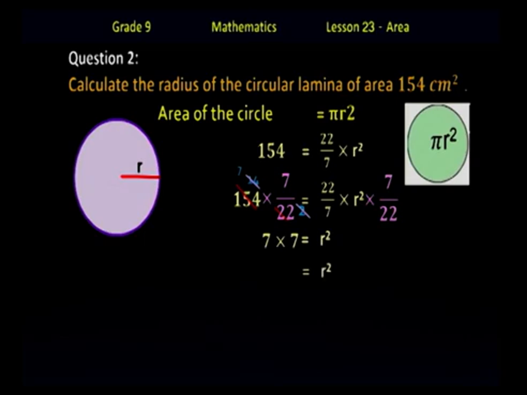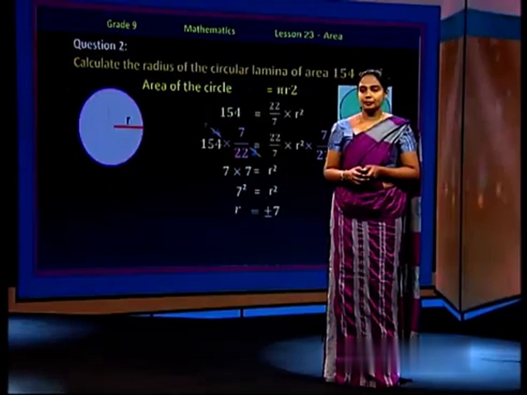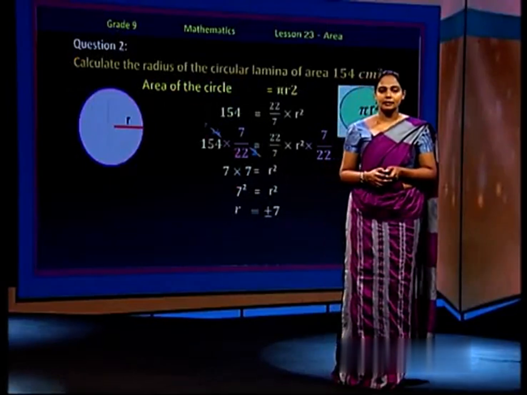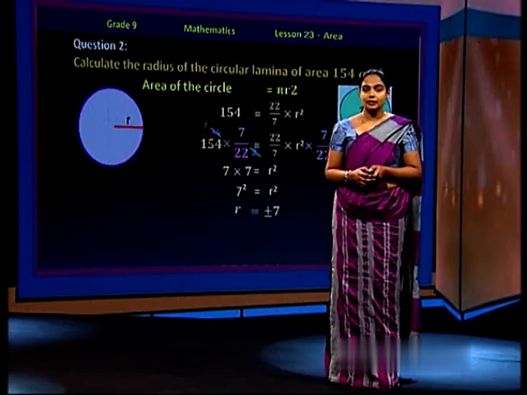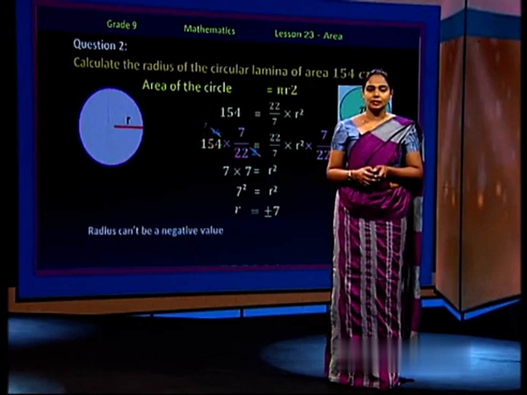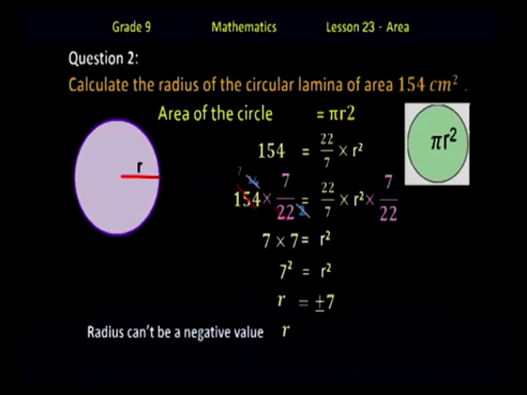To find r, take the square root of both sides. If r squared is equal to 7 squared, r is equal to positive 7 or negative 7. But radius is a length, and length cannot be a negative value. So the answer should be positive 7. The radius is 7 centimeters. Dear students, are you happy to go to another question? Let's see what it is.